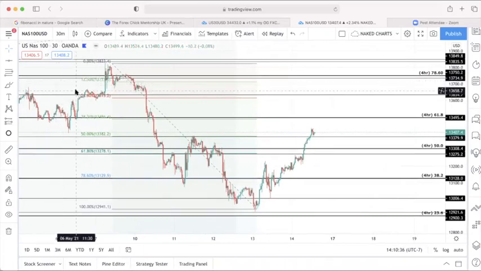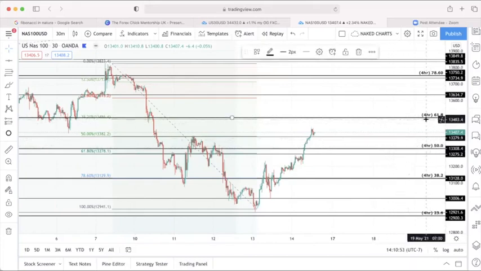Yes, I agree. I do think, because we already flew through this 50%, the next level that the Fibs are going to hit is this 4 hour 618 level.